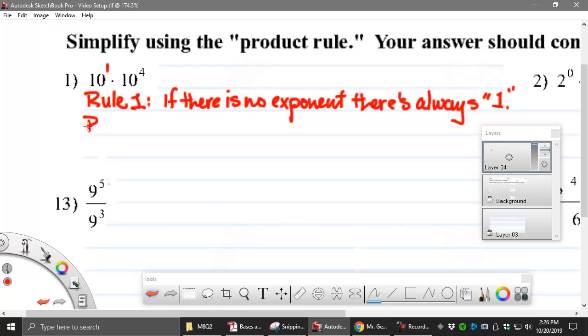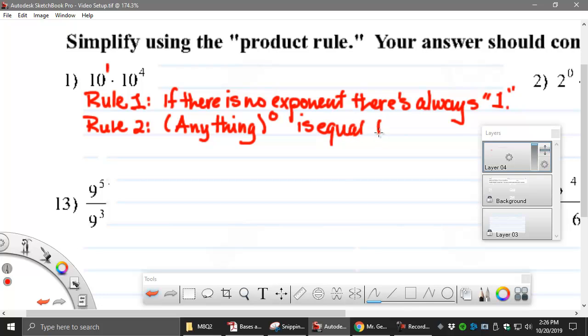The next rule that we need to talk about is what we have if we have an exponent of 0. It's really important to remember that anything to the 0 power is not equal to 0, it's equal to 1. So you can see on problem number 2, over on the right hand side, we have 2 raised to the 0 power, so we're going to look at it in just a second.